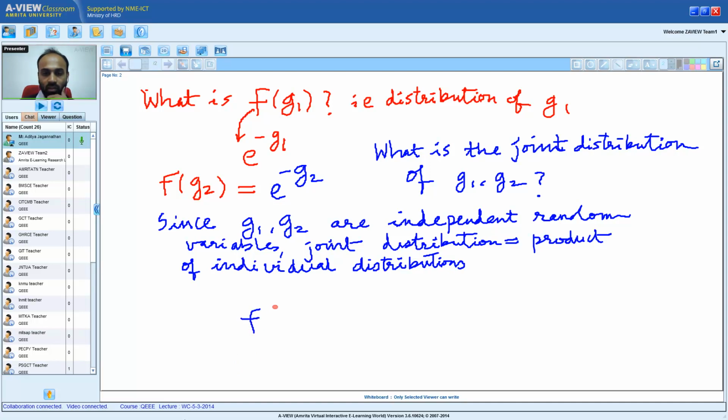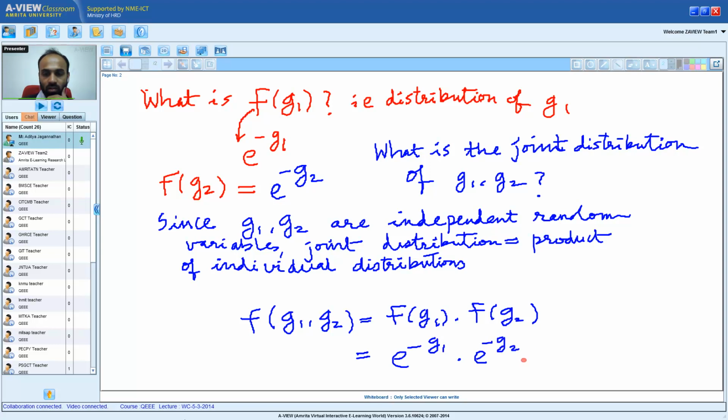Therefore, I have f of G1, G2 equals f of G1 into f of G2, which equals e to the power of minus G1 into e to the power of minus G2, equals e to the power of minus (G1 plus G2).